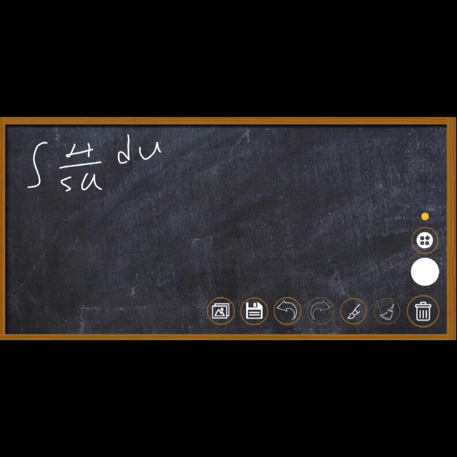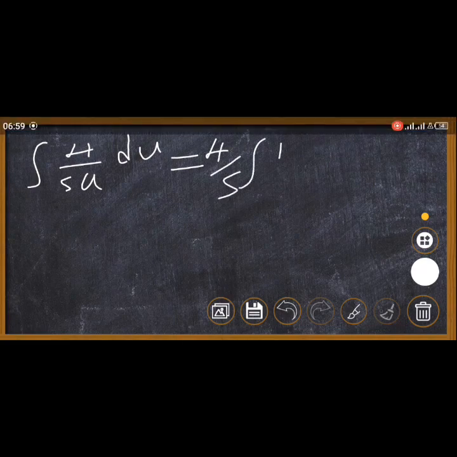So in this case, we know that we can factorize 4 over 5. We write it in front of the integral, because whenever you have a fraction or a constant number and you are integrating, you always write it in front of the integral. So we have this, and then here we remain with 1 over u. We are integrating this with respect to u.